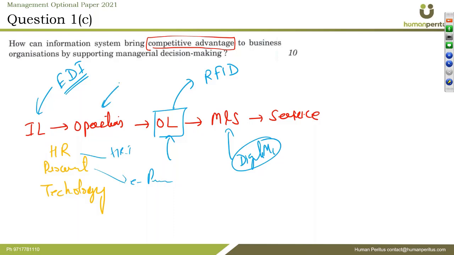For operations, you can use JIT. See, I have done all of them. So this is another way you can develop the answer: across all stages of the value chain, I can use different information systems to develop competitive advantage in that particular step of the value chain.